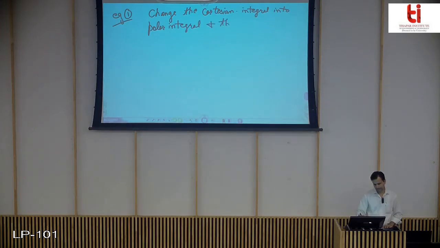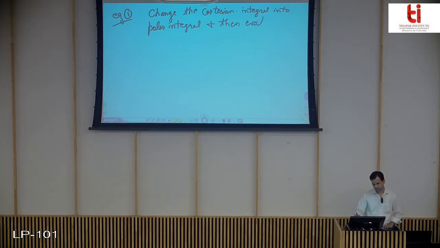Now let us see with this example how whatever I have said works, because many of the things may not be clear to you. Let us check this example. Change the Cartesian integral into a polar integral and then evaluate.